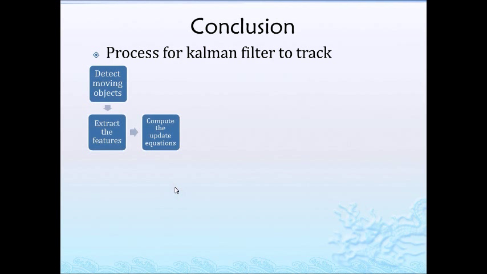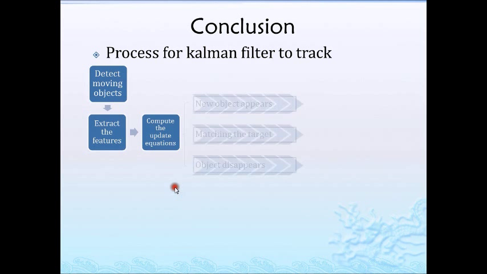First, we detect the moving objects and extract the features of them. And then, using the features, we can compute the time update equation and measurement update equations of the Kalman filter.